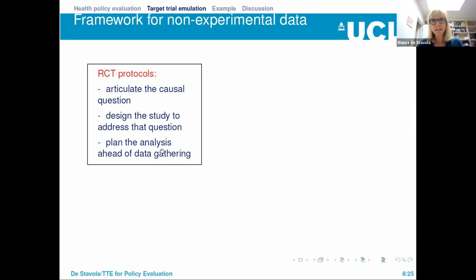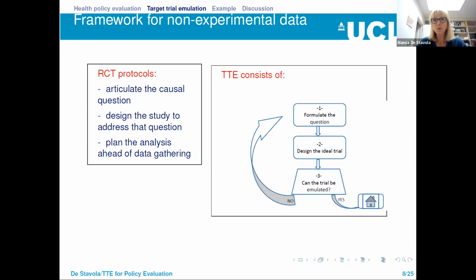And the third step is the statistical analysis, defined ahead of the data gathering so that you already know what you're after. These protocols already state what the target of estimation is and what the analysis in general terms will be. So what does target trial emulation consist of?